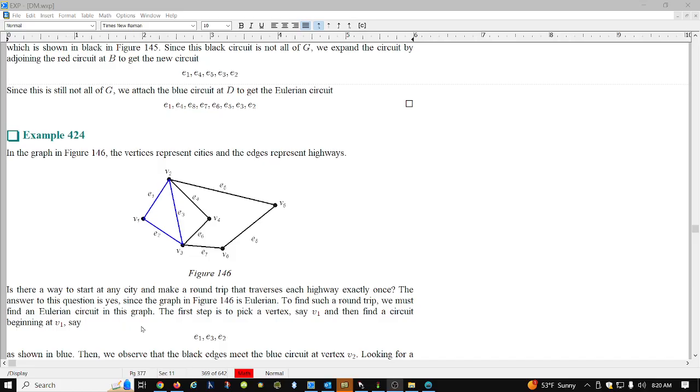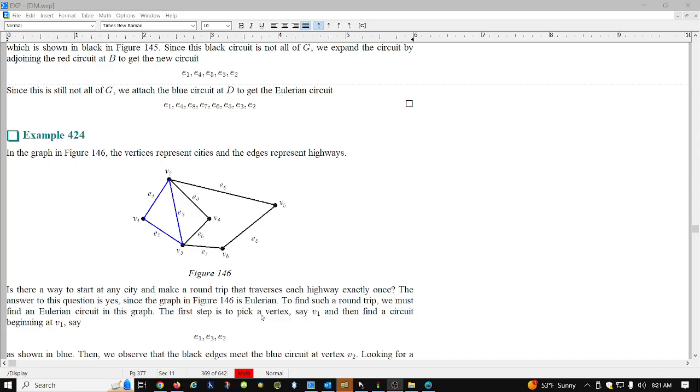Well, the answer to that question is yes, because all the vertices have even degree, so the graph is Eulerian. We're lucky there's such a simple test for Eulerianness. It's going to get a lot worse before it gets better. And to find such a round trip, we need to find an Eulerian circuit.